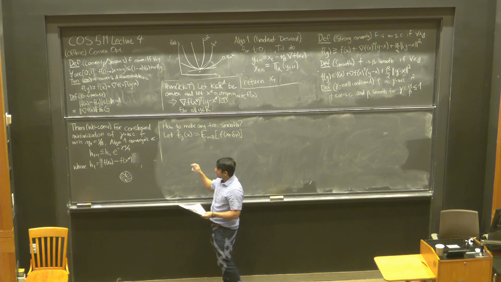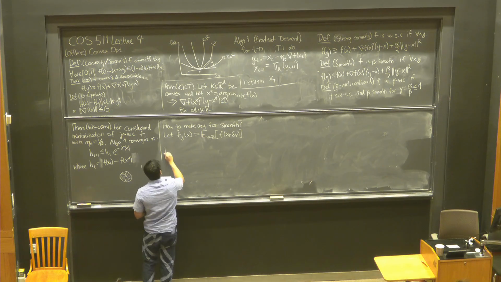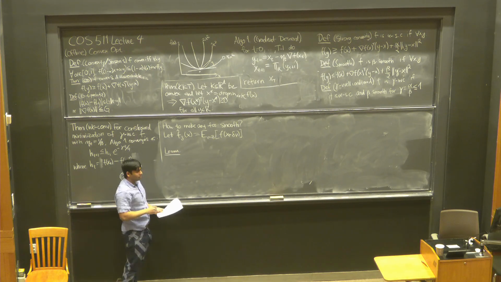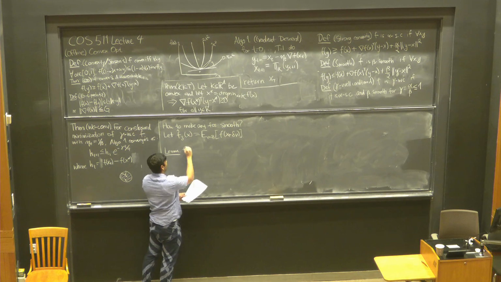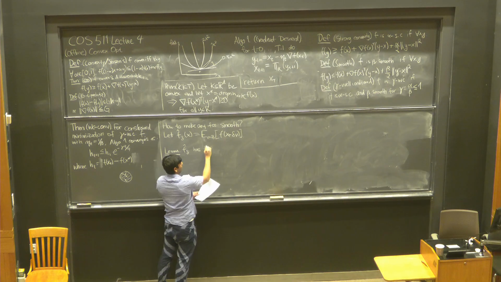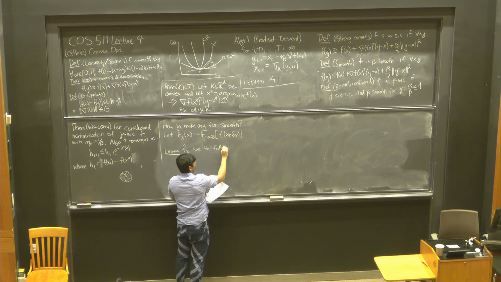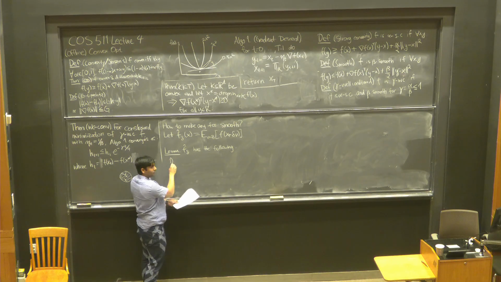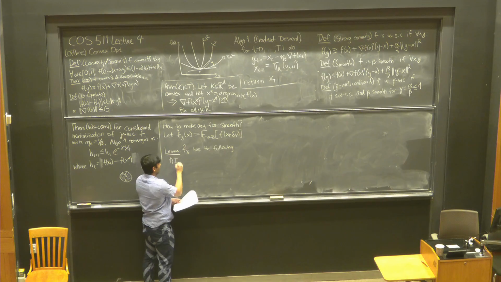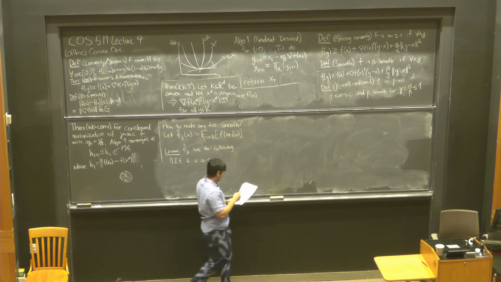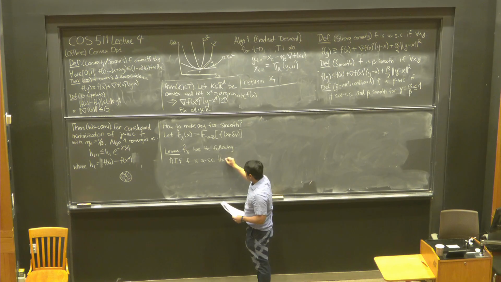And here's a theorem. Here's many theorems, actually. f delta has the following properties. Property 1, if f is alpha strongly convex, then so is f delta hat.